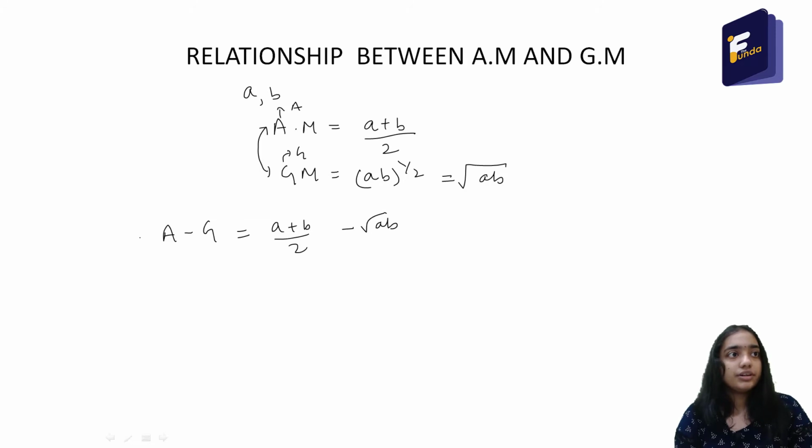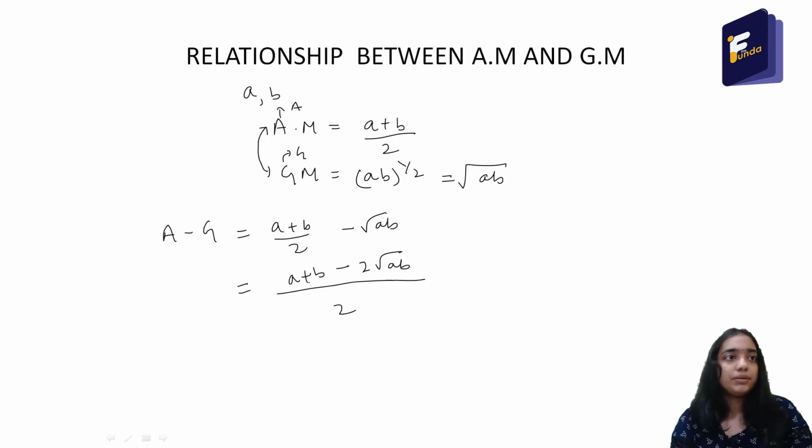I have just put the values for small a and small b. So if I take the denominator as 2, it will be a plus b minus 2 root ab, the whole divided by 2. So A minus G equals (a plus b minus 2 root ab) divided by 2.